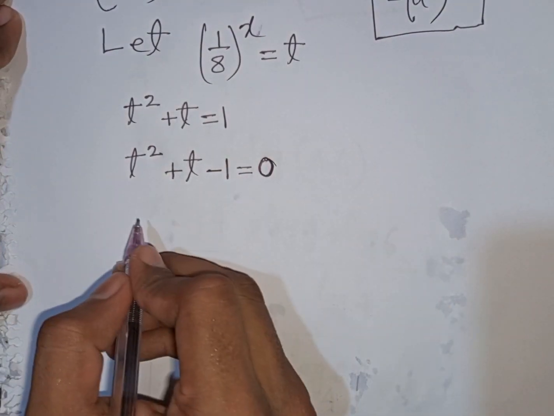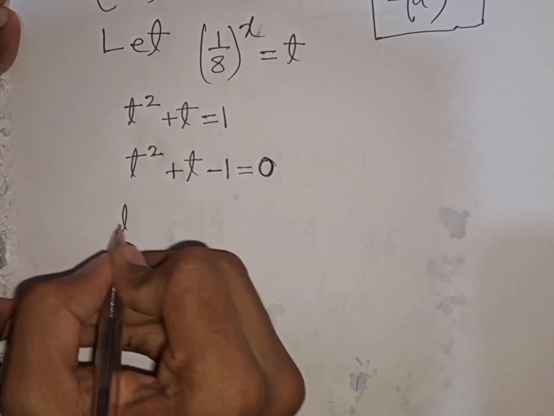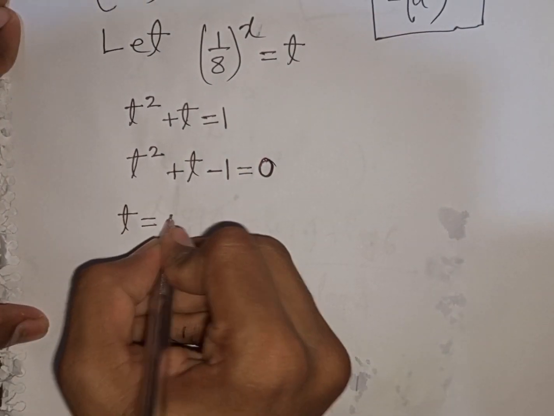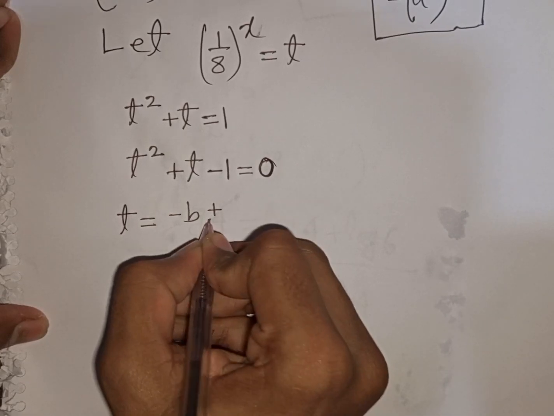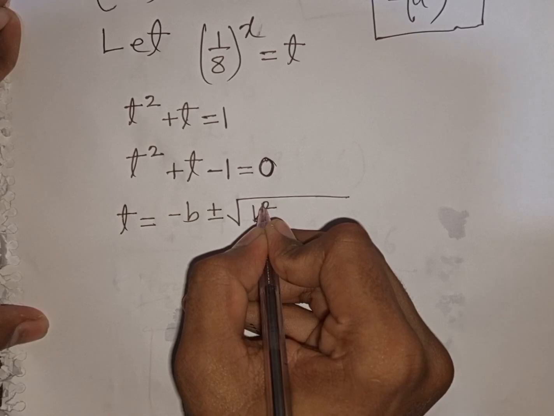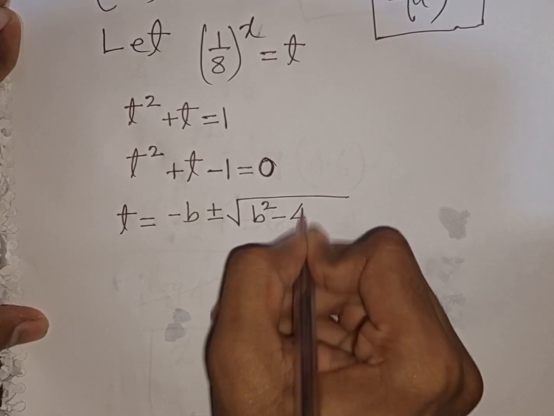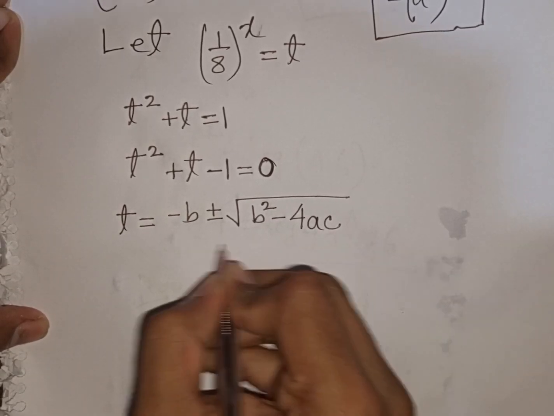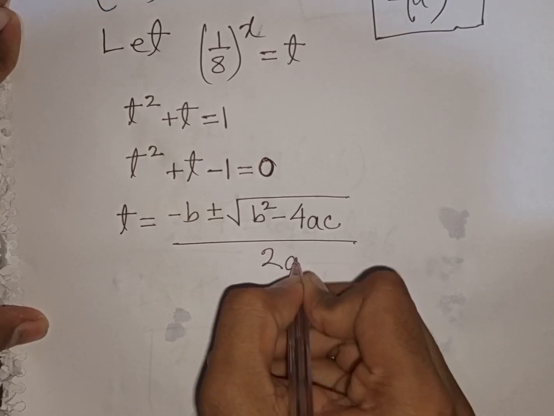Now, here I can apply the quadratic formula. So, I can write t is equal to minus b plus or minus the square root of b^2 minus 4ac, divided by 2a.